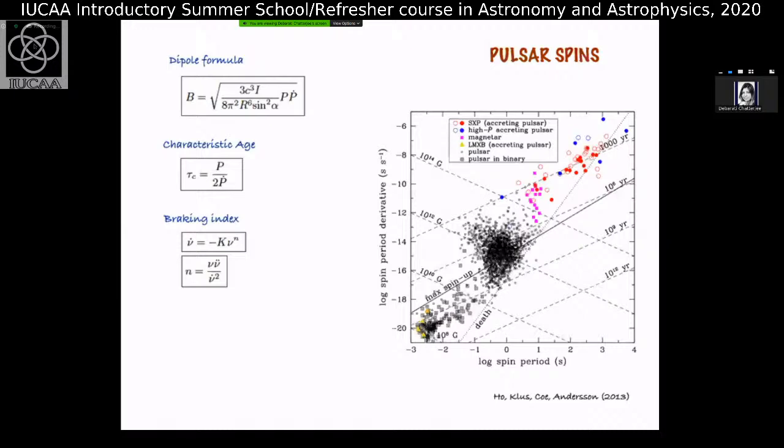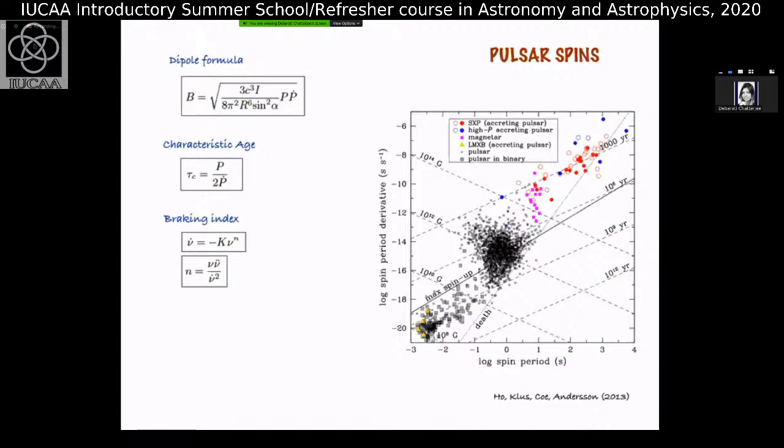Here, if we assume a dipole formula for the spin-down emission luminosity of the pulsar, then we can determine its magnetic field and also its characteristic age. On this figure, you can see these dashed lines.